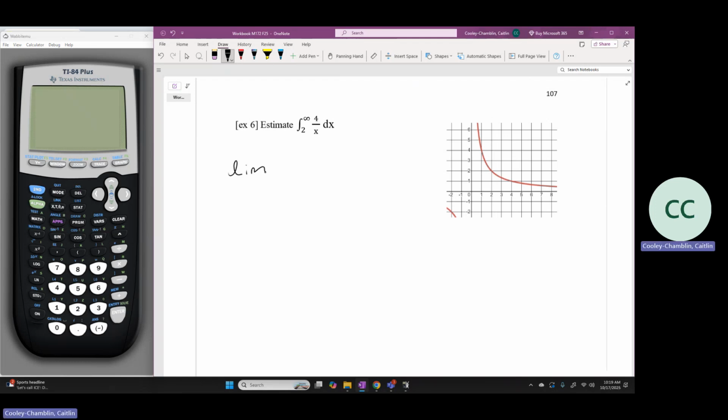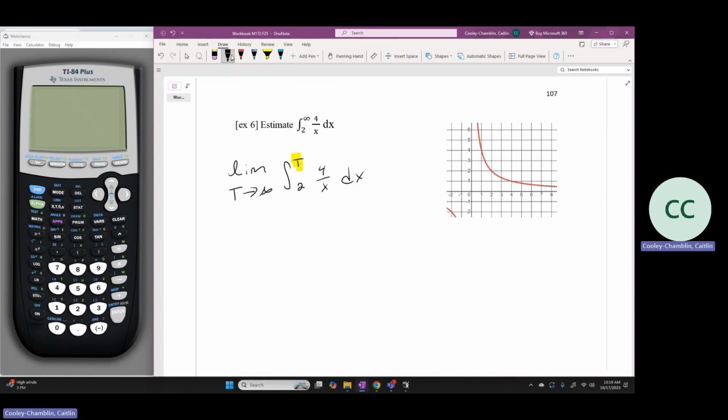So the limit, and you can pick a letter, any letter. We're going to rewrite this as the limit. I'm going to say t goes to infinity, the integral from 2 to t of 4 over x dx. So we're going to use t as a placeholder, like a number, but it's going to be a placeholder for us.